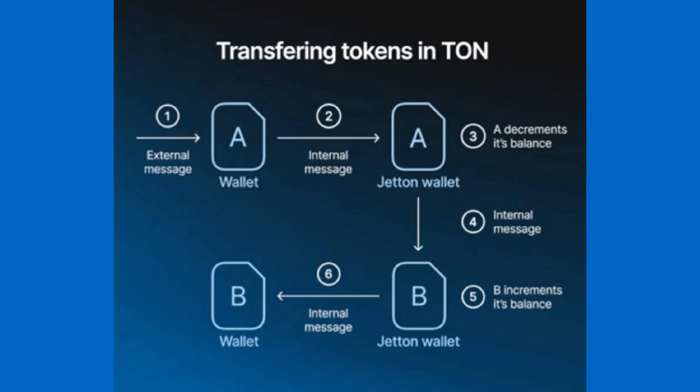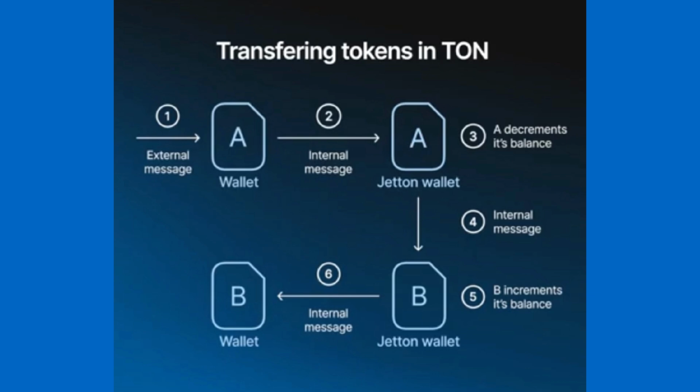So when a Jetton wallet receives a message saying, hey, could you please increase your balance, it verifies that the message came from a contract with exactly the same code, and therefore it implicitly trusts that on the other end, the balance was decremented. If the code was different, then of course anything could happen there, and the Jetton wallet rejects such a message.